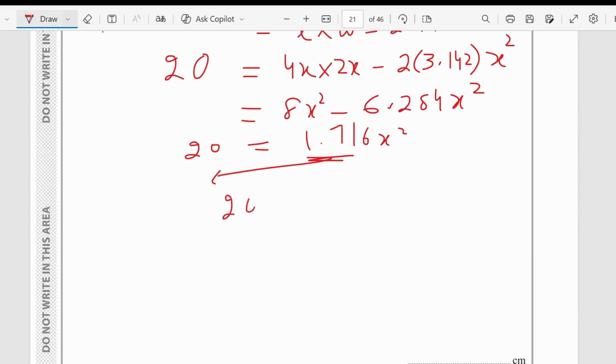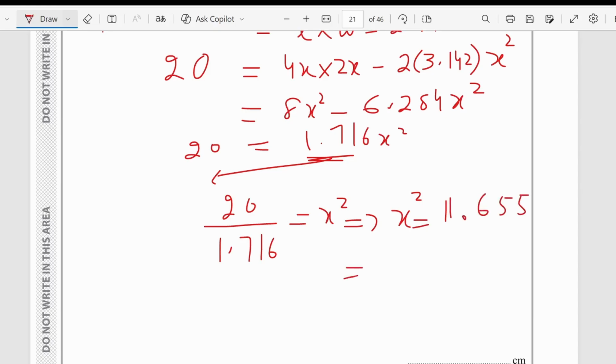We'll have 20 over 1.716 equals x squared, and x squared equals 11.655. If we take the square root on both sides, x would be equal to 3.4139. This is the value of x.